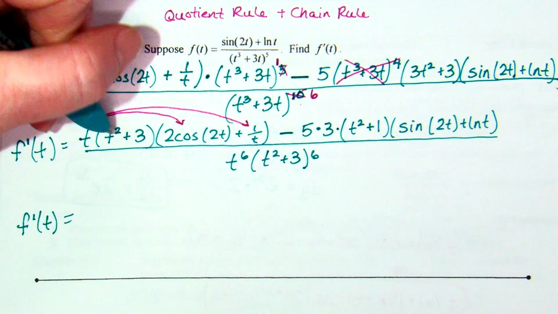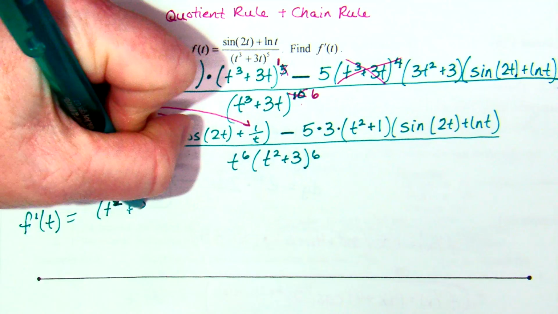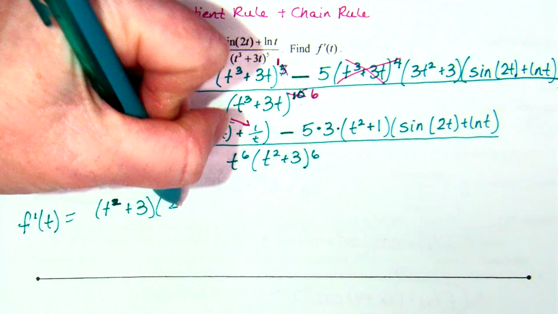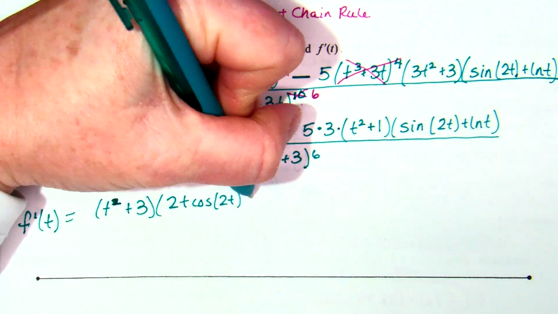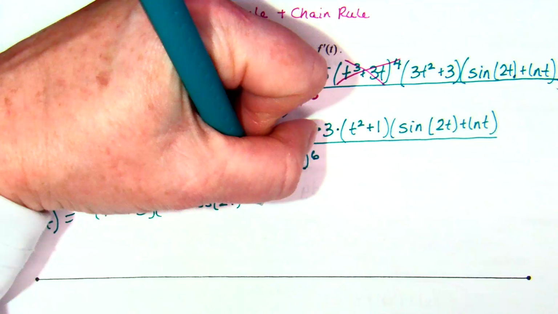So the final answer that I'm going to leave it as: I'm still going to have t squared plus 3, and I'm going to distribute a t into the next parenthesis, which makes it 2t cosine of 2t plus, what about 1 over t times t? That becomes a 1.